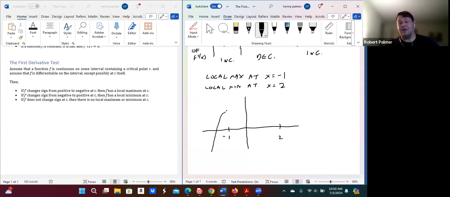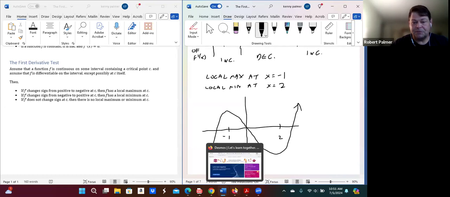It's increasing up to -1, then it's decreasing till we get to 2, and then it increases again. Now it's not going to look exactly like that. Let's graph it and see what it is. But that's essentially the basic shape. If we did more work, we could also look at the function itself and find out where it crosses the x-axis and so forth. We can also find the value of the local maximum and minimum values if we want. Okay, so let's graph that.